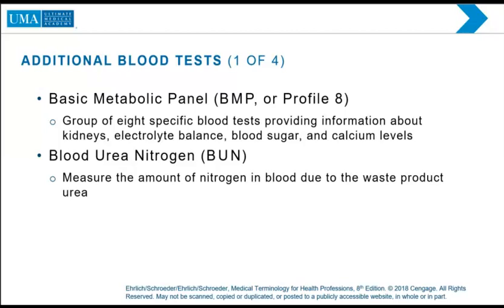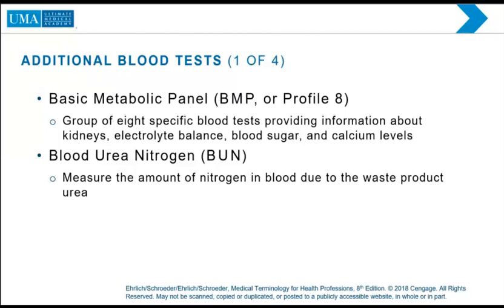Additional blood tests. A basic metabolic panel is a group of 8 specific blood tests providing information about kidneys, electrolyte balance, blood sugar, and calcium levels.